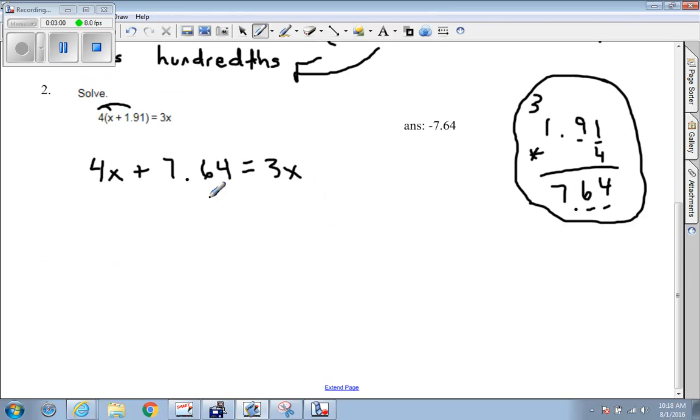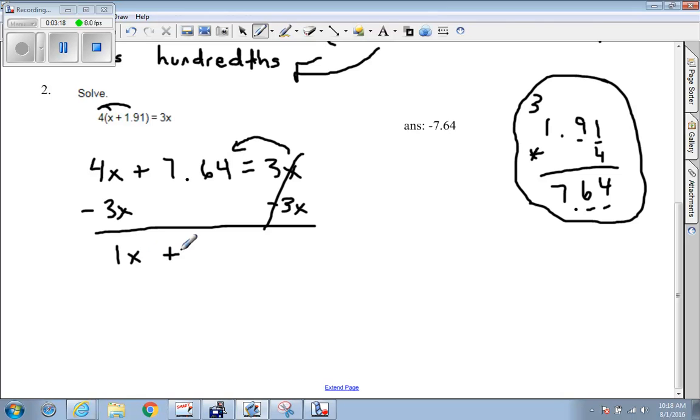Now remember, we had talked about letters on the left, numbers on the right. So I would like to take 3x and bring it to the left of the equal sign, toss it across the equal sign, but I have to negate it, subtract it off. So balancing an equation, we're good at that by now, right? So 4 minus 3, that's 1. So now I have 1x plus 7.64 equals 0.